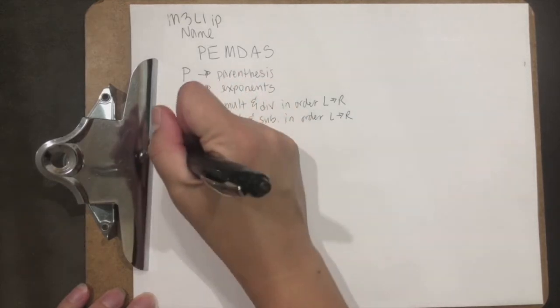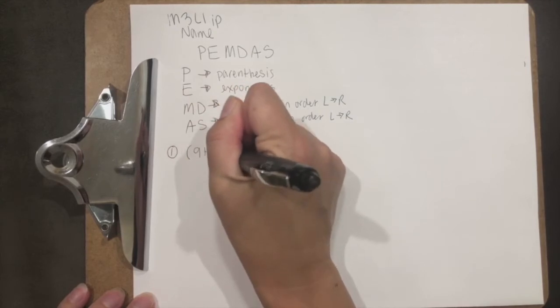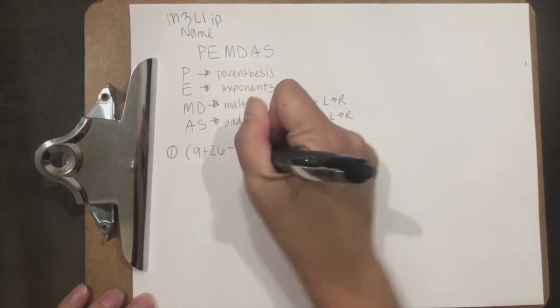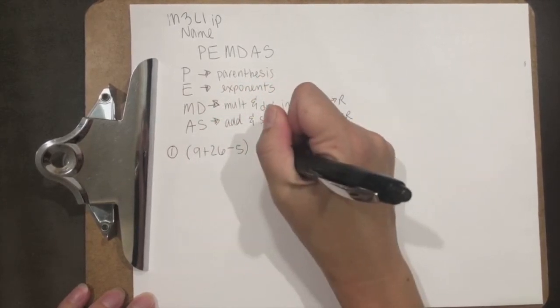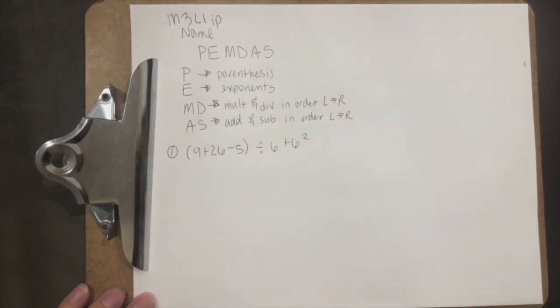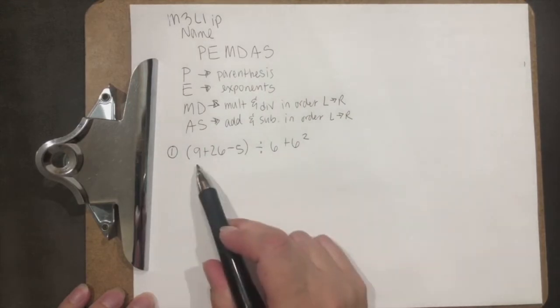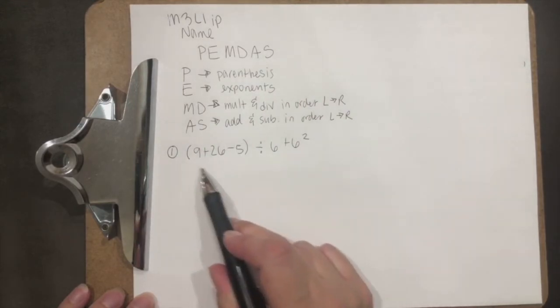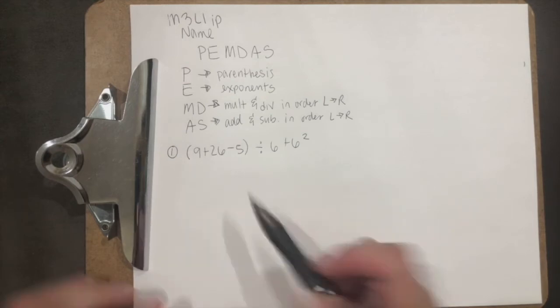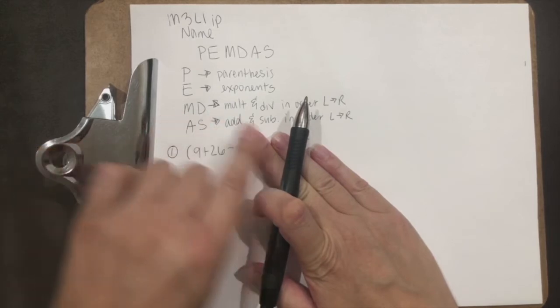Let's do number 1. Parentheses, 9 plus 26 minus 5, close parentheses, divided by 6 plus 6 squared. So we're going to do parentheses first, because it's grouping first. Inside those parentheses, we're going to use addition and subtraction from left to right.